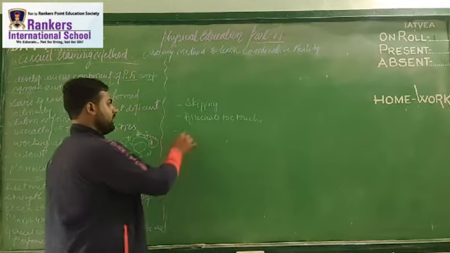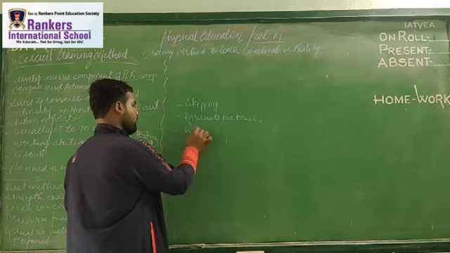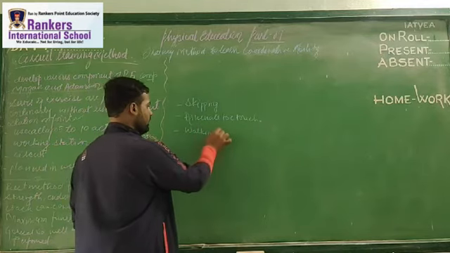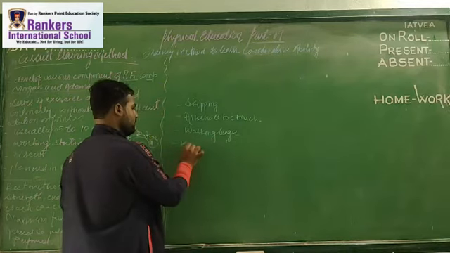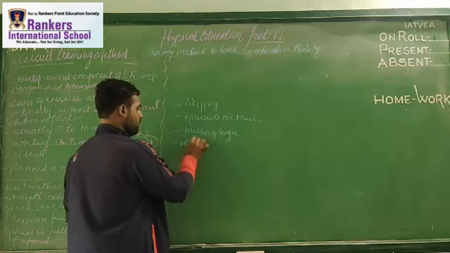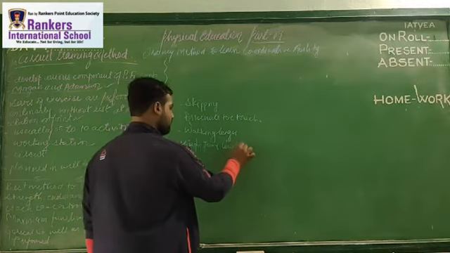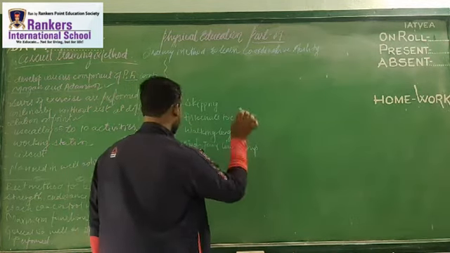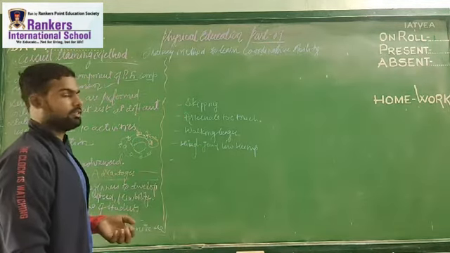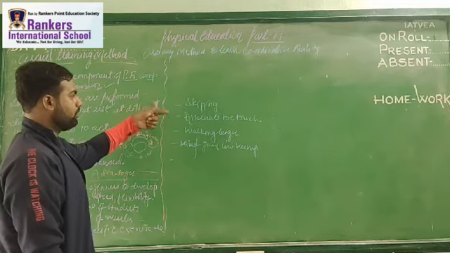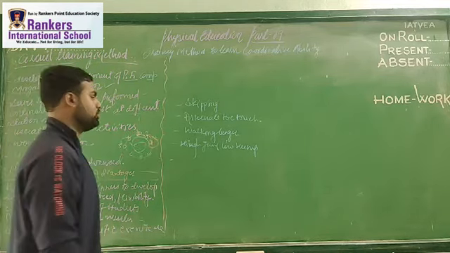Walking lunges, then high jump and low jump. Right, what is the next exercise? We'll have to make at least 6 to 10 exercises, right? So skipping, alternate toe touch, walking lunges, high jump, low jump.